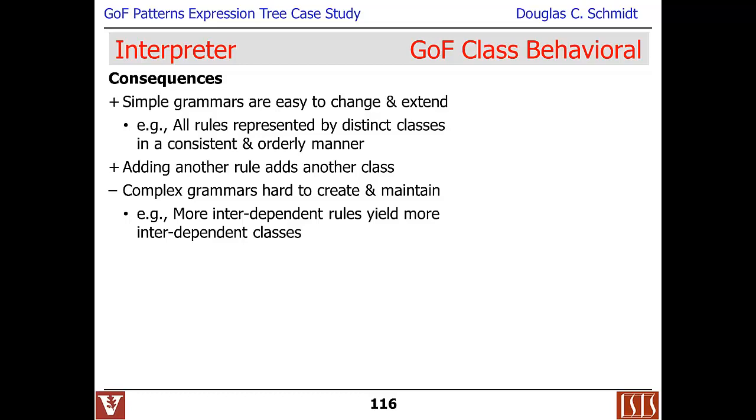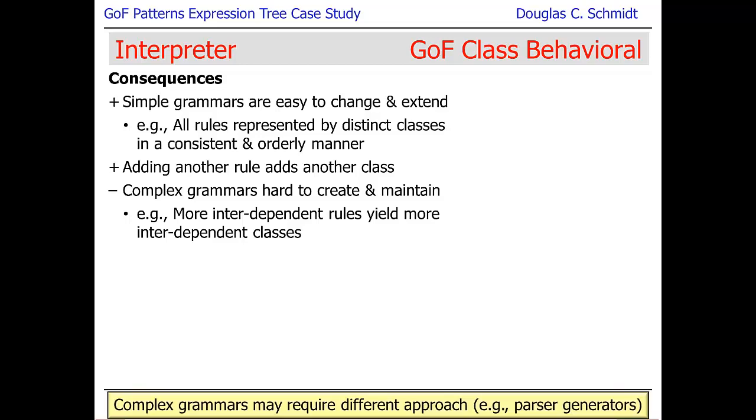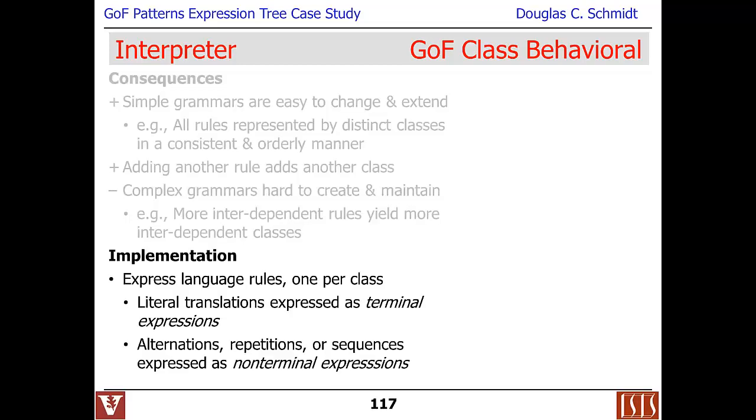Every time you add a new rule to the grammar, you have to add another class to your design. The downside, of course, is it's difficult to do this manually, which is why people use compilers and parser generators for real-life examples that are complicated. For arithmetic expressions, it's not hard. For something like C++, which has a very complicated grammar, it's not easy.